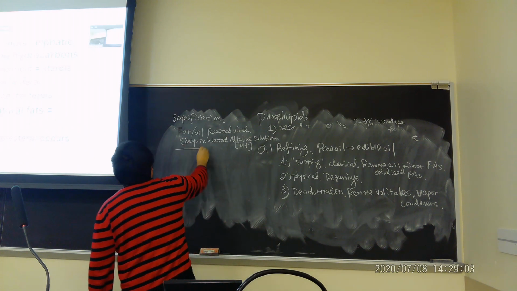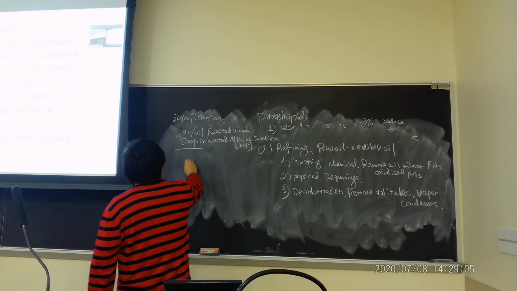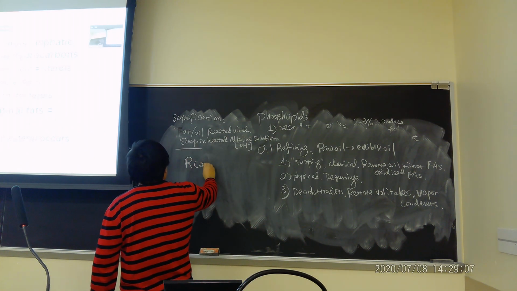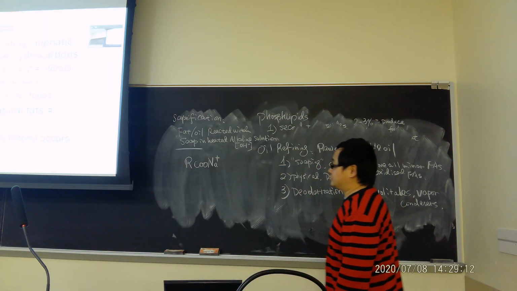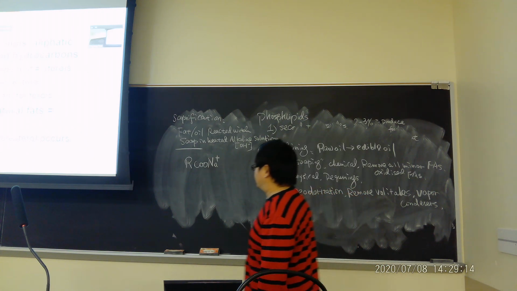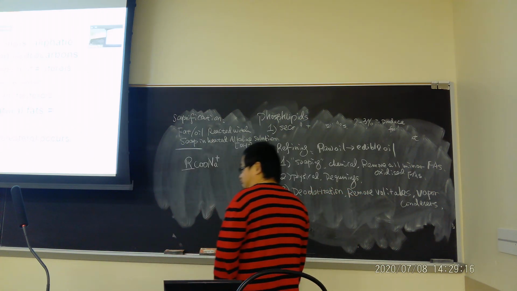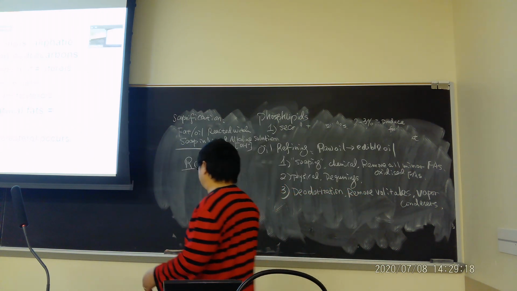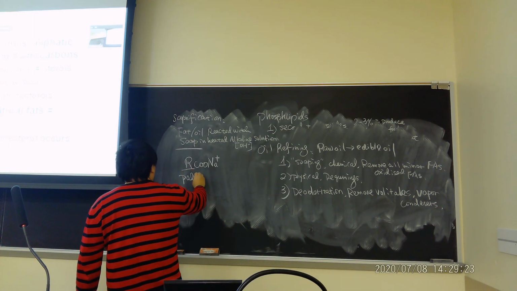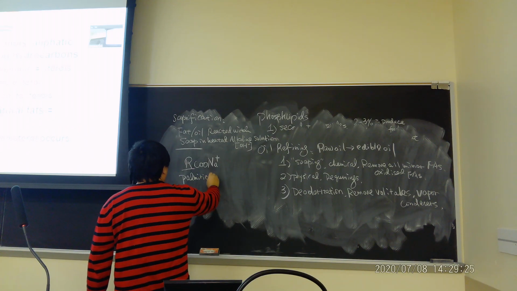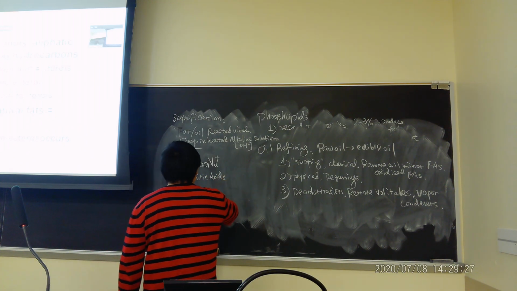Now, what is soap? This is soap. Is that right? That is soap: RCOONa. What is R? It could be any of the fatty acids. If it's palmitic acid, then what's the soap going to be?